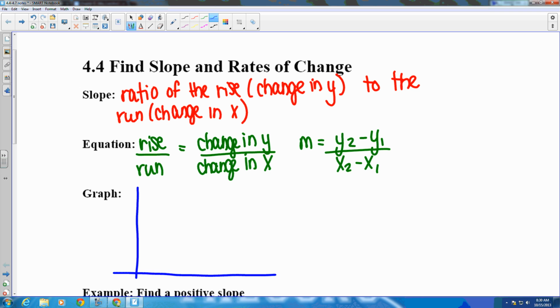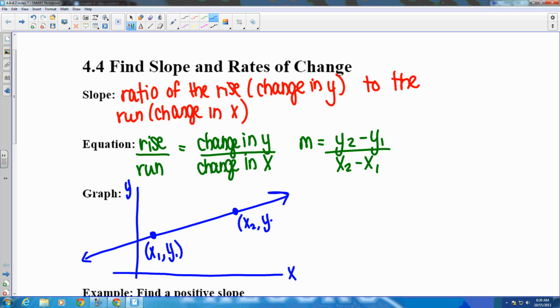On a graph, we have a line, and we have 2 points. Our first point from left to right is x1, y1, and our second point is x2, y2. So knowing that, this is our rise, and this is our run.